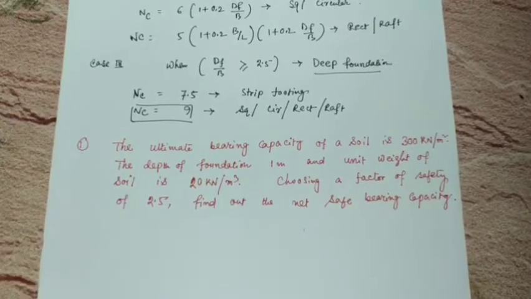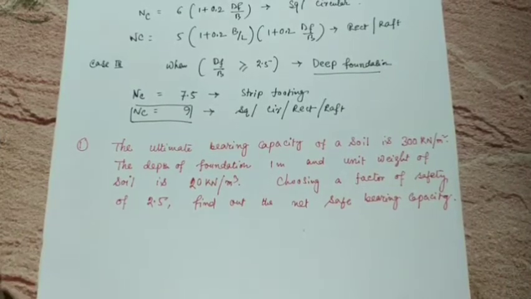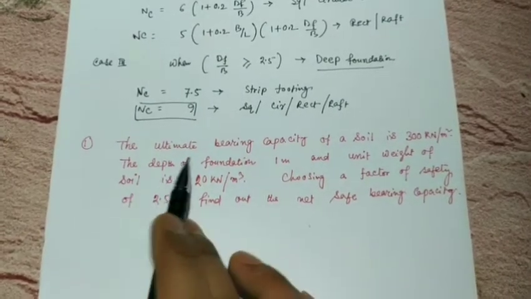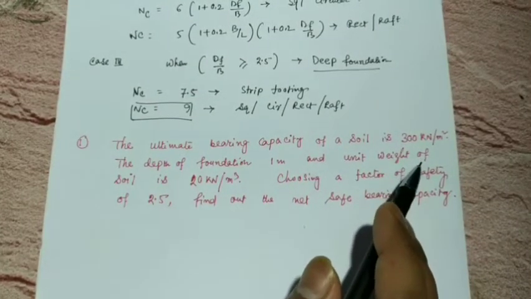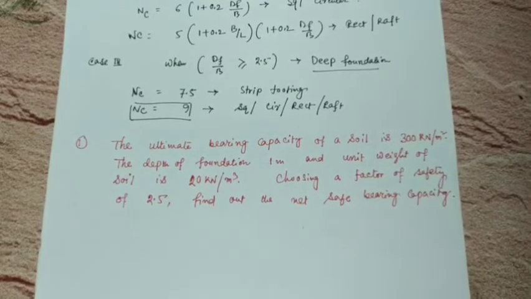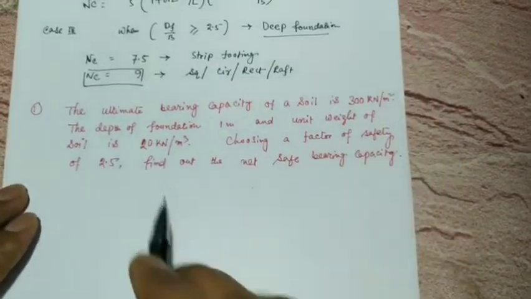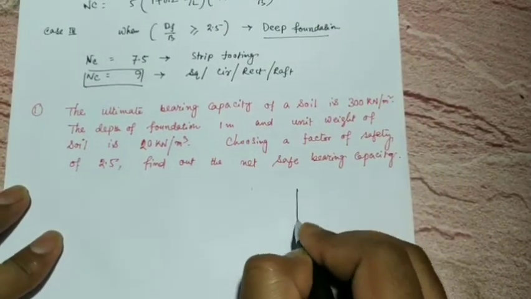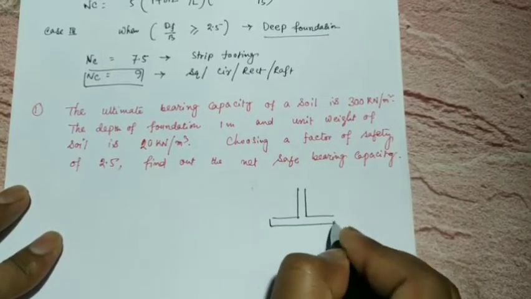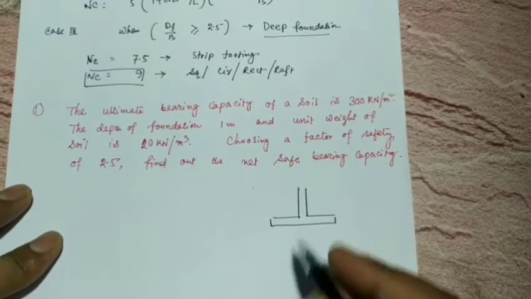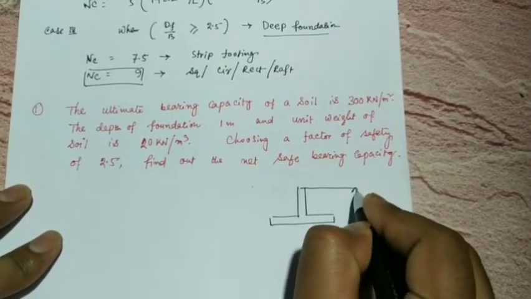This is the question. Look, first read the question. The ultimate bearing capacity of a soil is 300 kilonewton per meter square. It is given. And the depth of foundation is 1 meter from ground level.